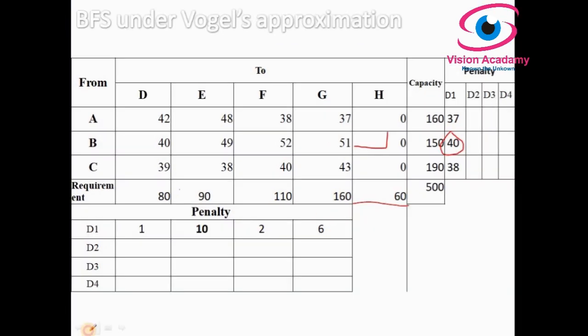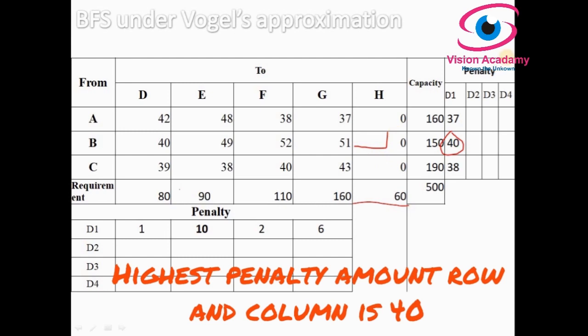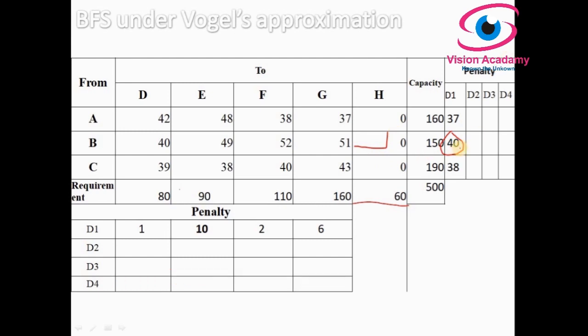Now once you find the penalties for rows and columns, let us identify which one is highest. The highest penalty is 40, which is in a row. In the columns, the highest penalty is 10. After this, identify the least cost relating to that highest penalty. 0 is the least compared to the other cells.